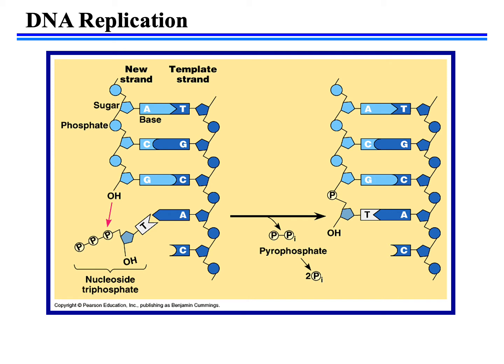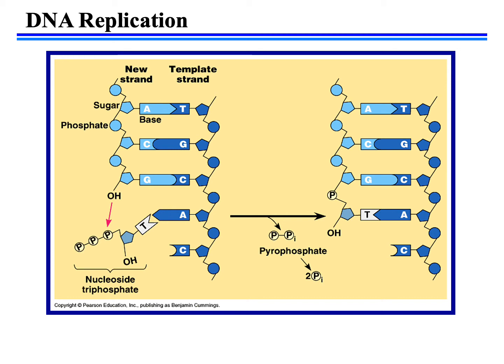Then on the far right, you see that nucleoside triphosphate has been added in. In the process, one phosphate from that triphosphate molecule remains as part of the structure of the new strand being synthesized, and a diphosphate, known more specifically as pyrophosphate, is released in the process.